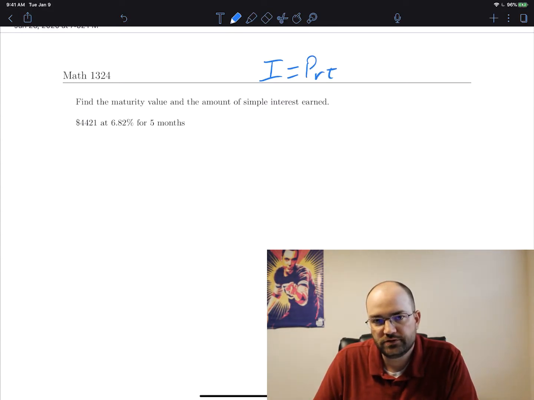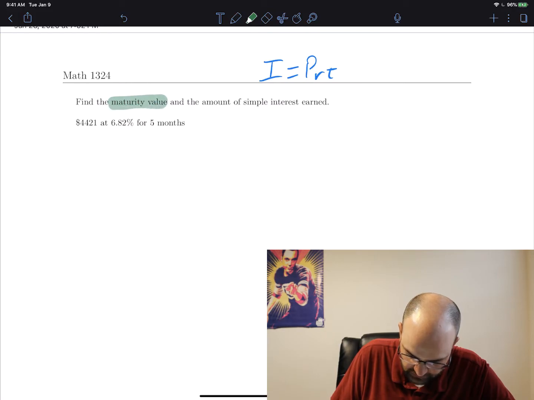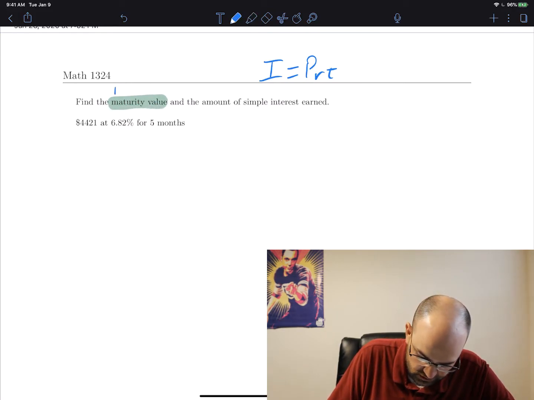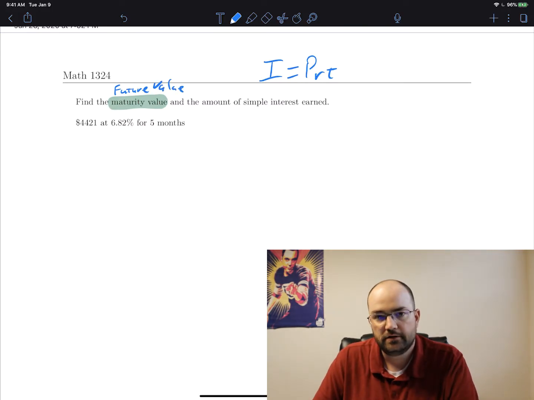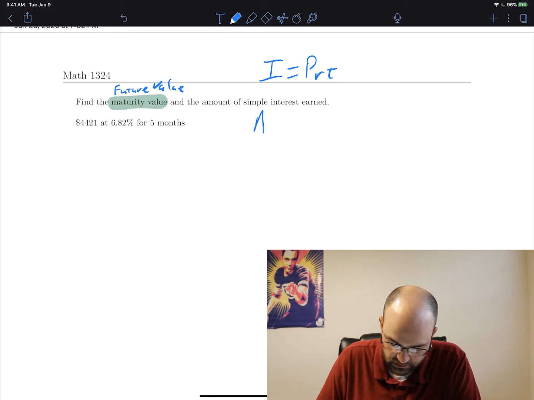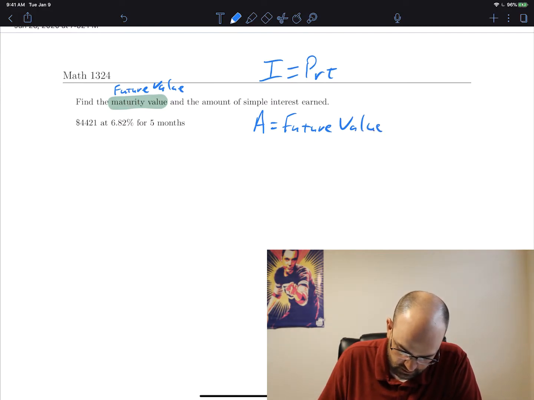And so what we're going to want to do is figure out what the future value is going to be. That's what we mean when we say maturity value. You should think future value. Now, future value is going to be denoted with the letter A, also called the maturity value.